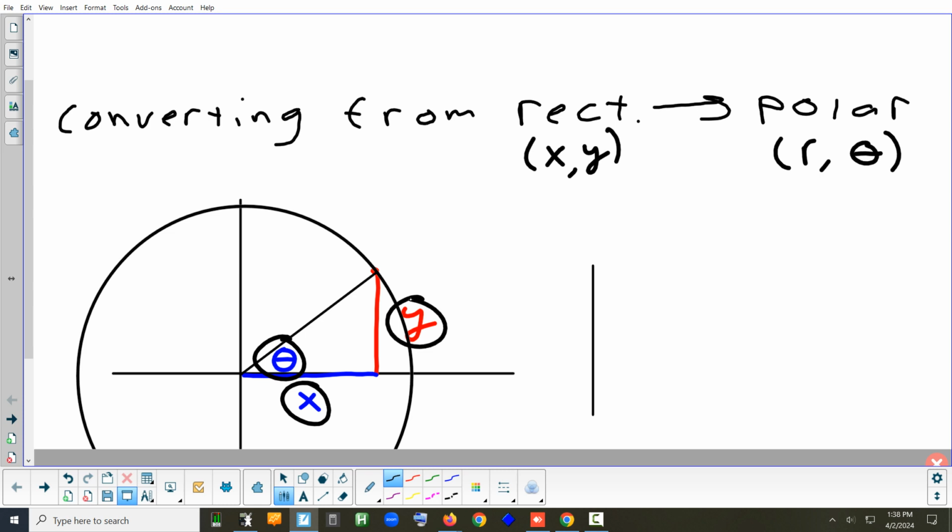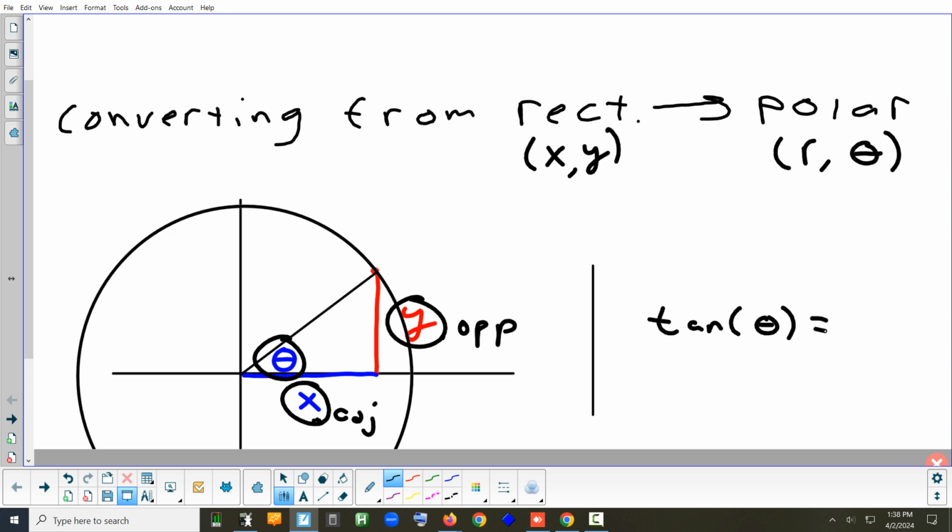So what trig function could you use? Think about what position is this side? Adjacent. That's adjacent. And what position is this side? That's opposite. Opposite over adjacent. So if you wrote that down, tangent would equal what?